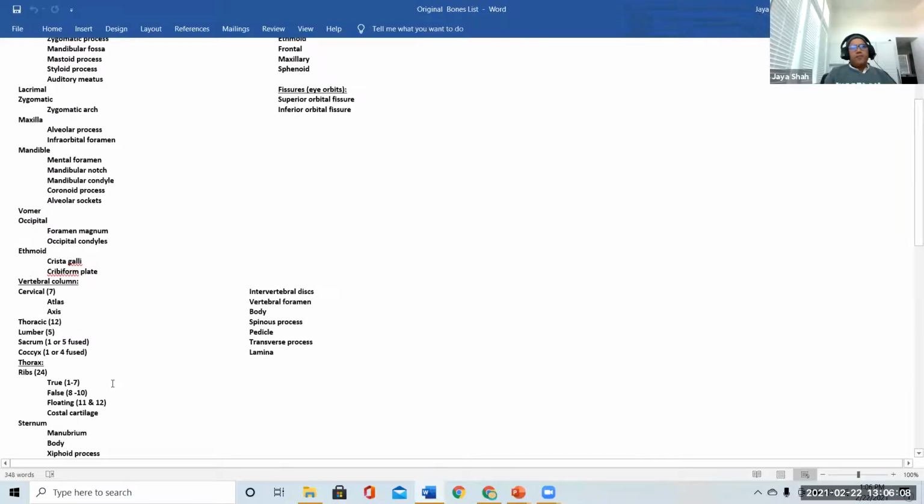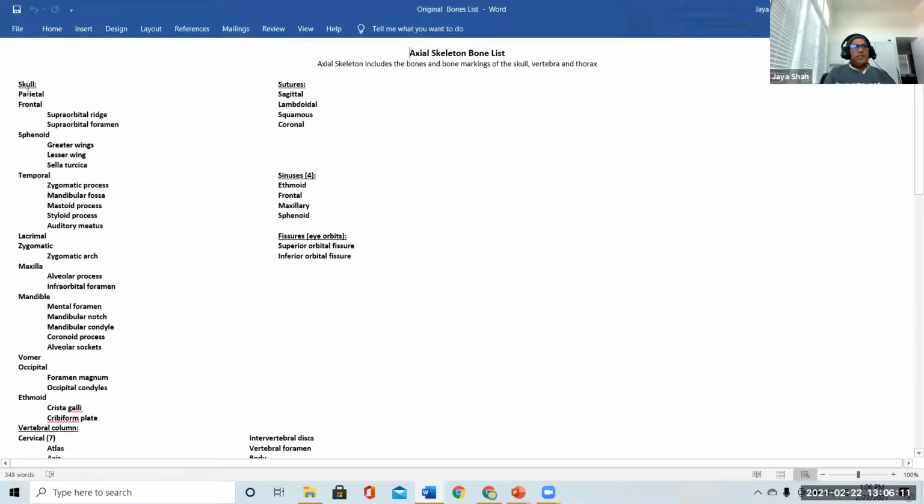Okay. If you go into each section, let's see the skull. The bones in the skull are parietal bone, frontal bone, sphenoid bone, temporal bone, lacrimal bone, zygomatic bone, maxilla, mandible, vomer, occipital, and ethmoid. Then there are features in some of the bones. In the parietal bone you are not studying any feature, but in the parietal and other bones there are sutures: sagittal, lambdoidal, squamous, and coronal.